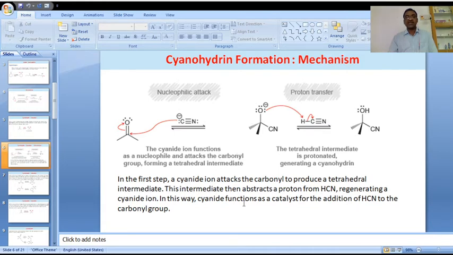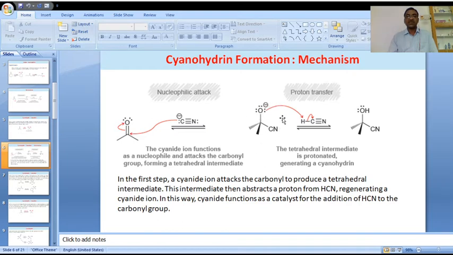This intermediate then abstracts a proton from HCN, regenerating a cyanide ion. This is extra information. Here, this tetrahedral intermediate contains a negative charge.